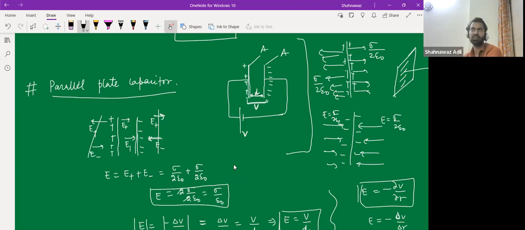Then we'll calculate the energy of the capacitors, and then that would be all. So this second chapter would be finished. In the next two classes, this chapter would be finished, and then we'll start the next chapter, which is current and electricity. So should I scroll down the screen, guys?